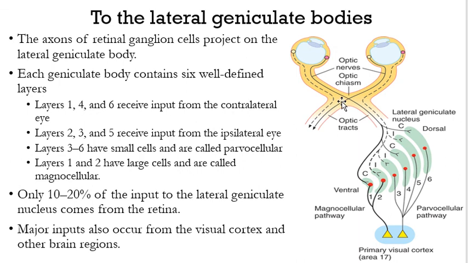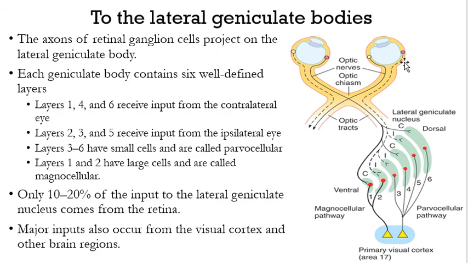You can start with the contralateral. In this case, the ones coming from the left eye, you see that they're going to synapse in the sixth and the fourth, as well as the first. So we have magnocellular coming onto the first, and the parvocellulars come to the fourth and the sixth. So that's 1, 4, 6.